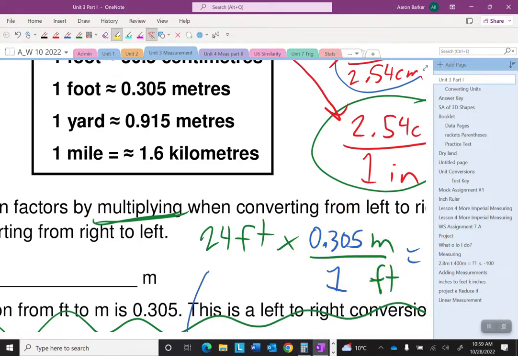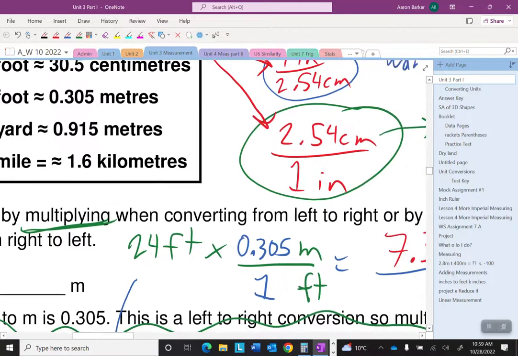So it's a fraction line. All fraction lines mean division. 0.305 meters divided by 1 foot. Write this down. Write it down. I love how every time I say write it down, more people start writing. Okay, so that's the math. That's super important. Now we're going to show you the shortcut later, but I want you to understand what's happening.